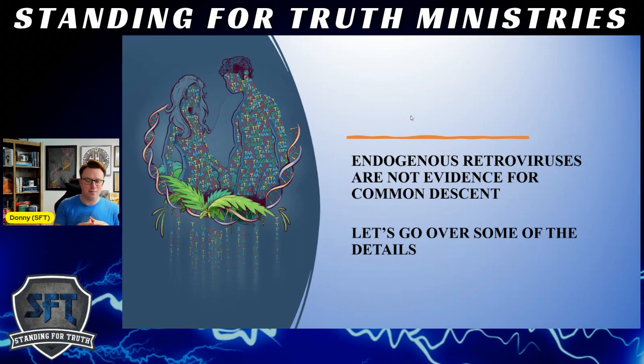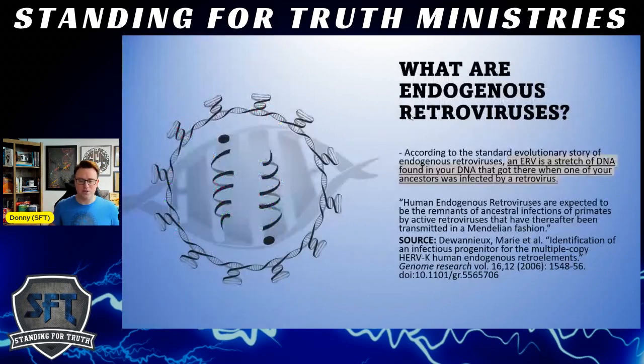The enzyme that copies RNA to DNA is called reverse transcriptase. And that's actually where retroviruses got their name. Basically, they got their name from their ability to reverse the flow of genetic information. And we're going to get into that a little bit more later.